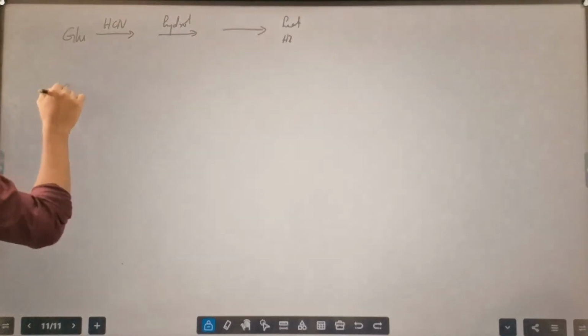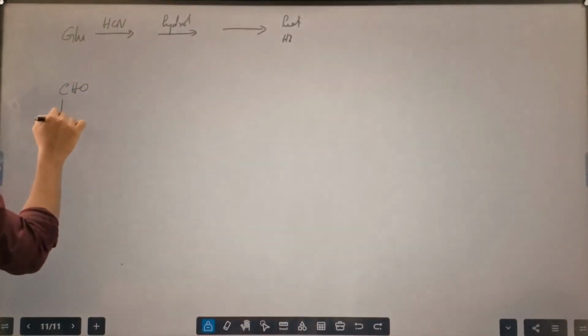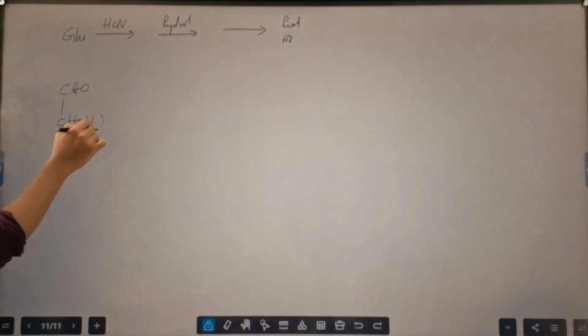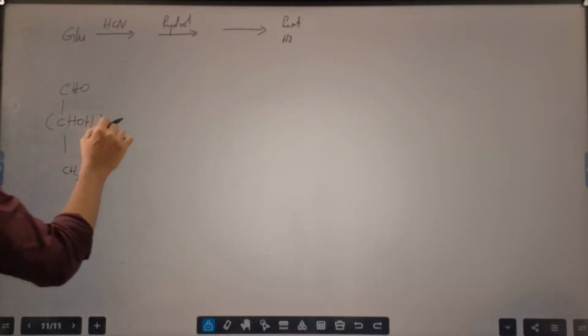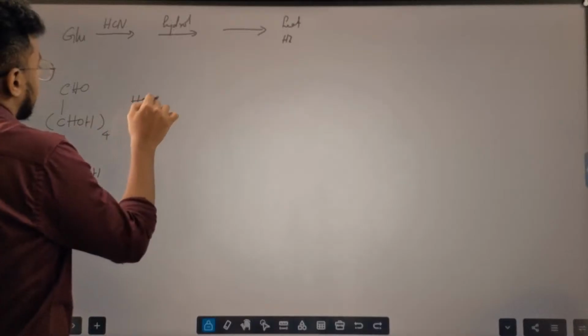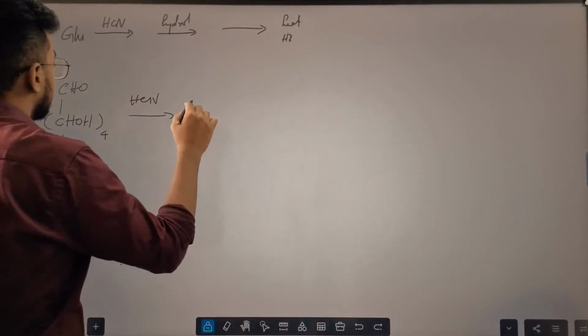So the structure of glucose is CHO, CHOH 4 times, and CH2OH. This is the structure of glucose. On reacting with HCN, this C double bond O is converted to CN.